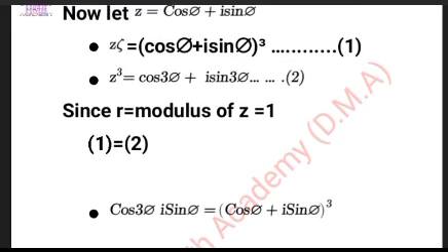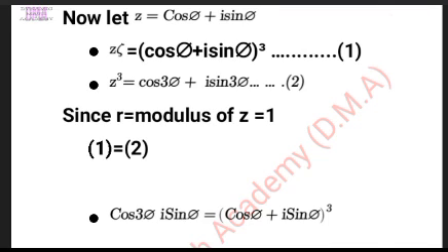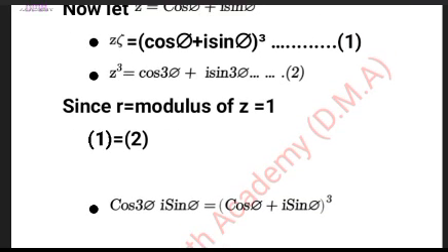remember from equation 1 we had z to the 3 equal to cos theta plus i sin theta raised to the power 3, and in equation 2 we had z to the 3 equal to cos 3 theta plus i sin 3 theta.